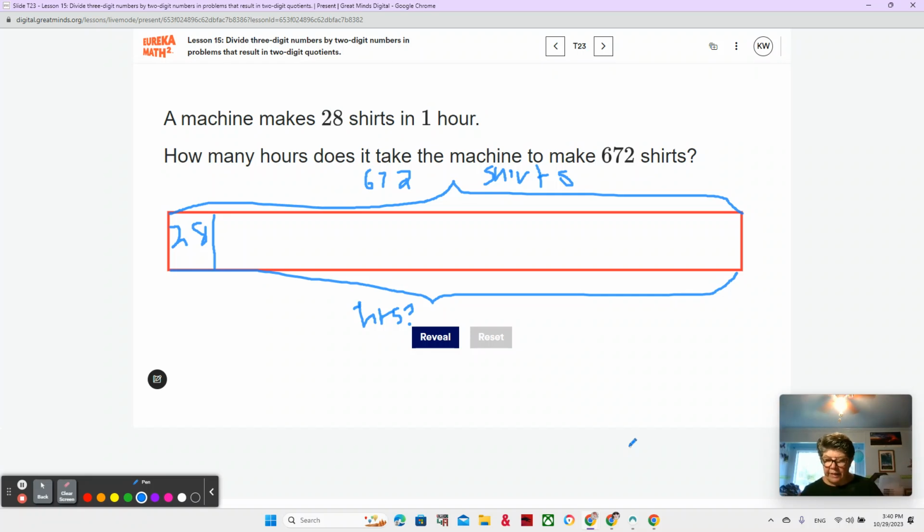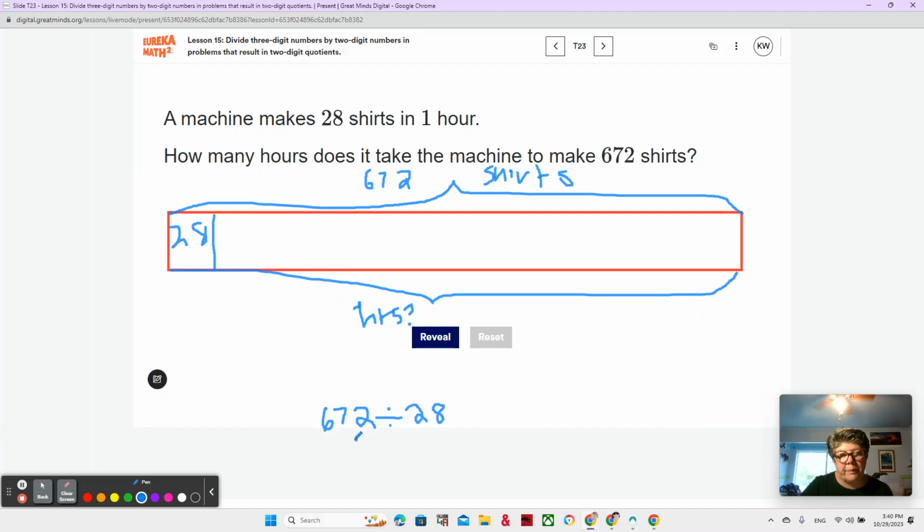Now we have to think about an expression we can use to determine the number of hours it will take to make 672 shirts. All right, let's think about an expression. 672 divided by 28.